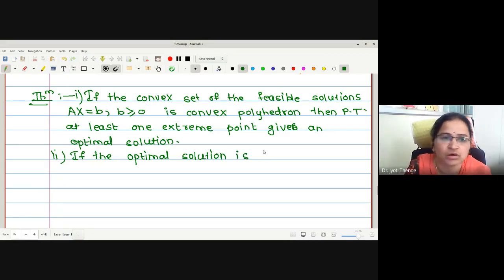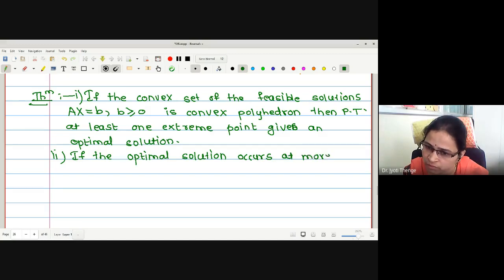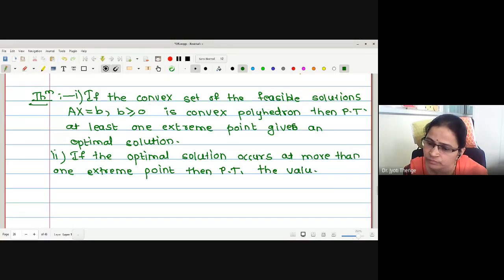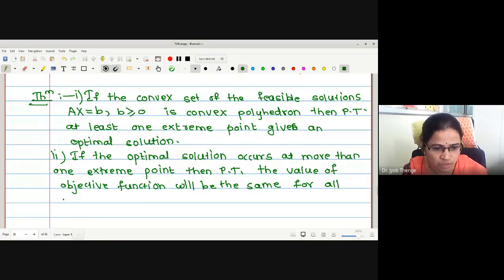If the optimum solution occurs at more than one extreme point, then prove that the value of the objective function will be the same for all convex combinations of these extreme points.